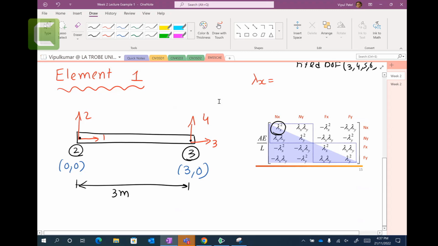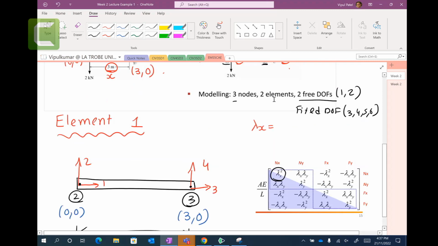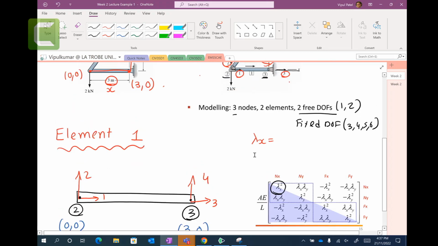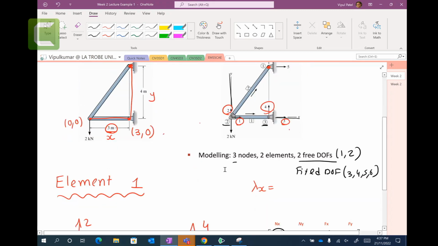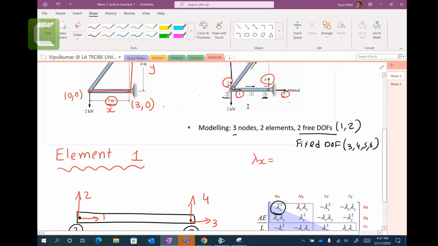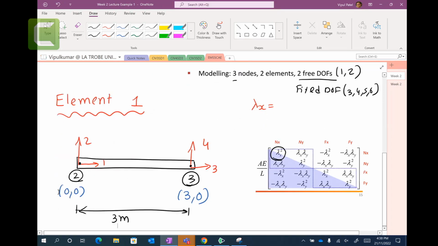I just redrew this. This guy here, 2, 2, 3, 3, 1, 2, 1, 2, 3, 4, 3, 4. Exactly the same. There is nothing I have done. The only new thing is 0, 0 and 3, 0.